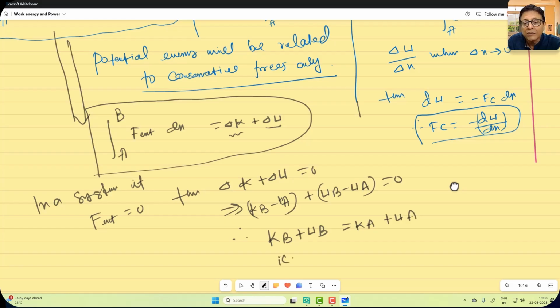That is total energy at B, at this stage. This is one stage, this is another stage.